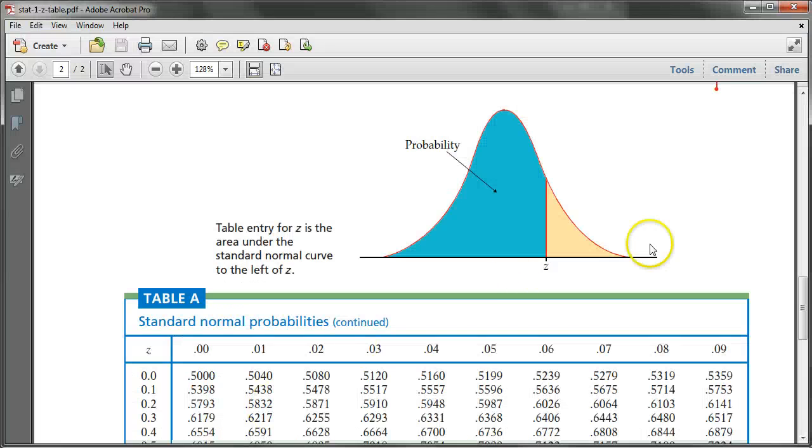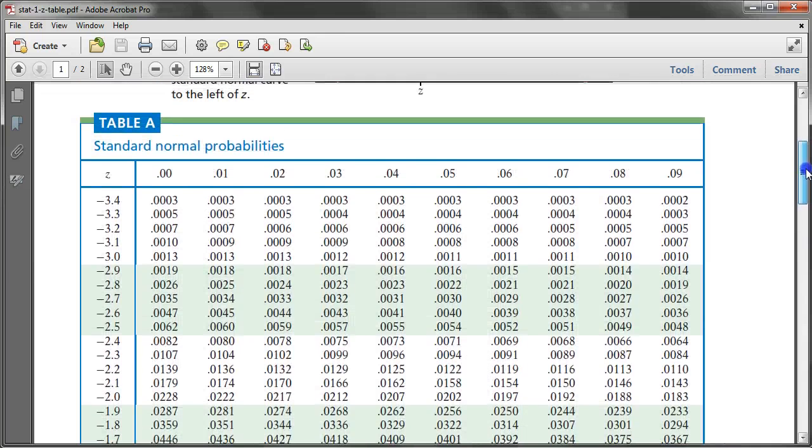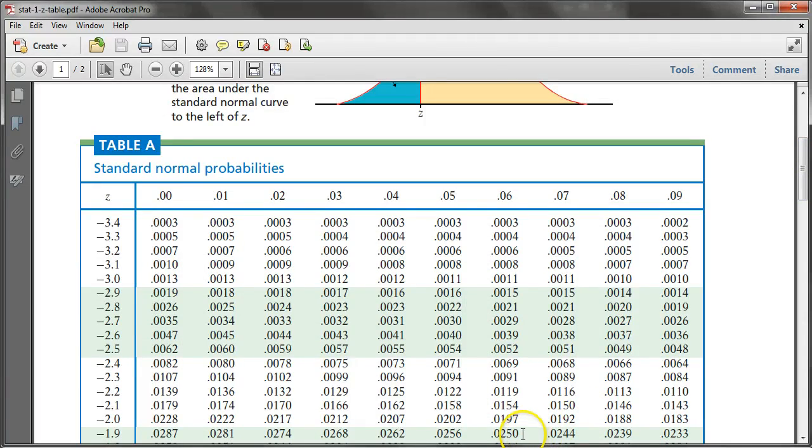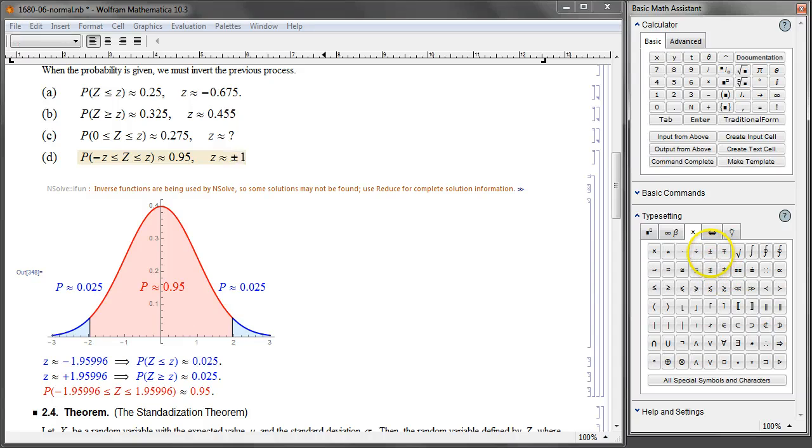If you look up that table, you'll get negative 1.96. So that's going to be your z-score. And then the other sign, plus 1.96, will be the other one. So you're going to get something like this. This z is approximately plus or minus 1.96.